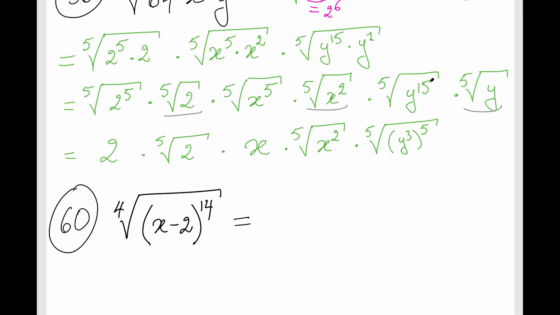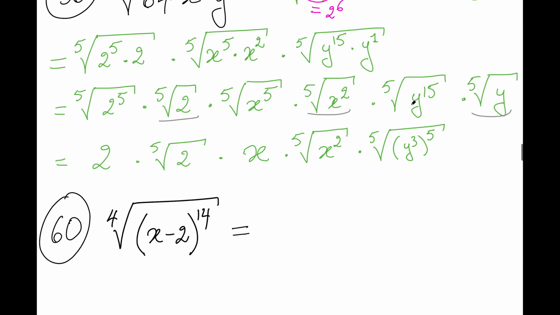Correct? I mean, 15 is a multiple of 5, so certainly that guy y to the power 15 is going to have a divisor which is a perfect 5th power. Yes? Okay. And times, at the end of the day, this 5th root of y. Okay.